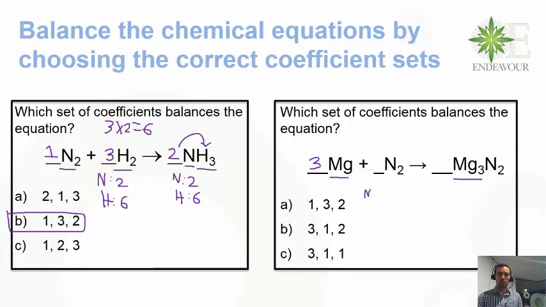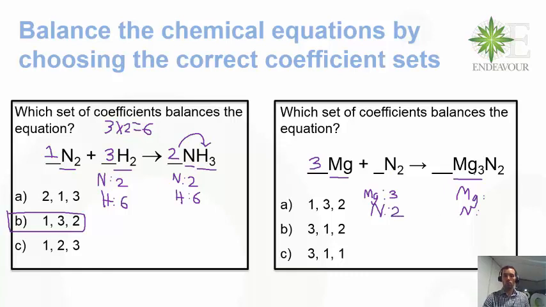So we can check that by counting the number of each atom type on each side. So we get our magnesium and our nitrogen like so. So for Mg, we've got 3 lots of 1 Mg, which is 3. And for nitrogen, N2 corresponds to 2 nitrogen atoms.